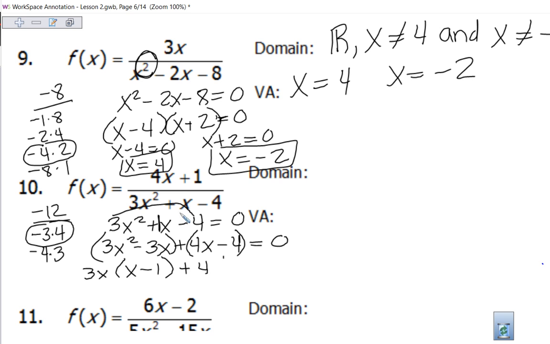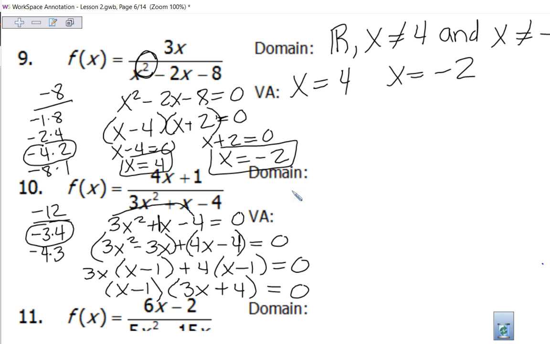What goes in the parentheses? X minus 1. Then the two factors, the first one is x minus 1. What's the other factor? 3x plus 4.